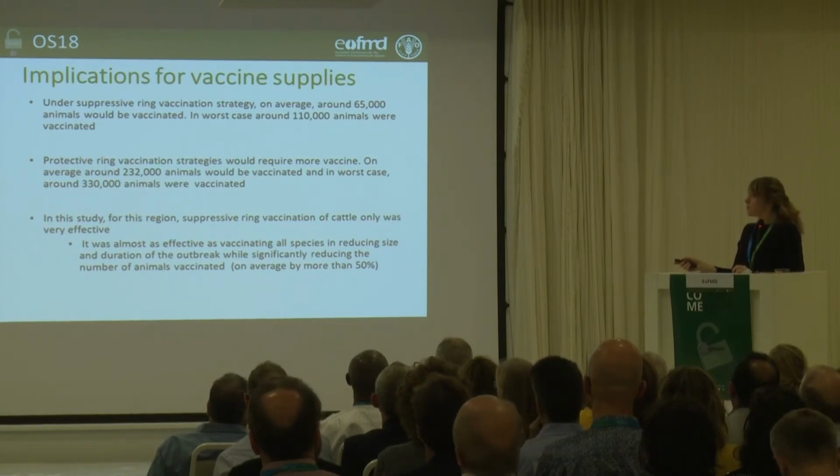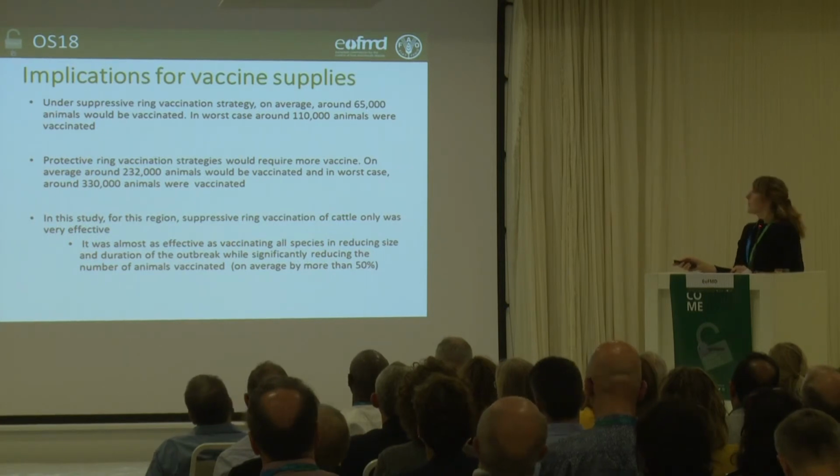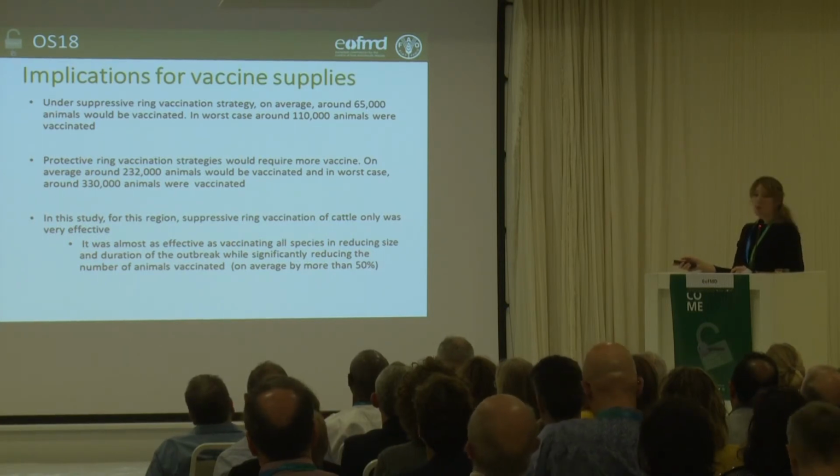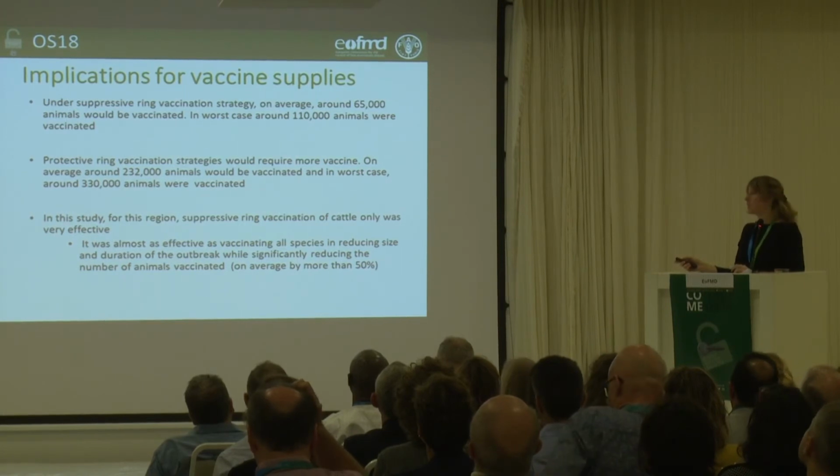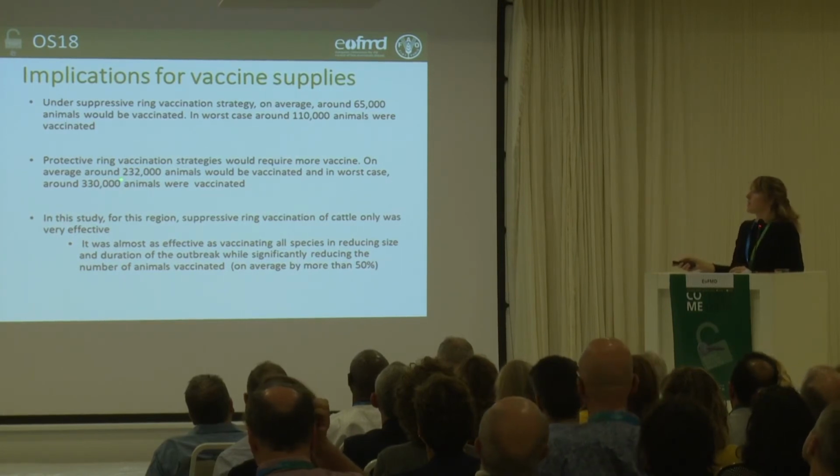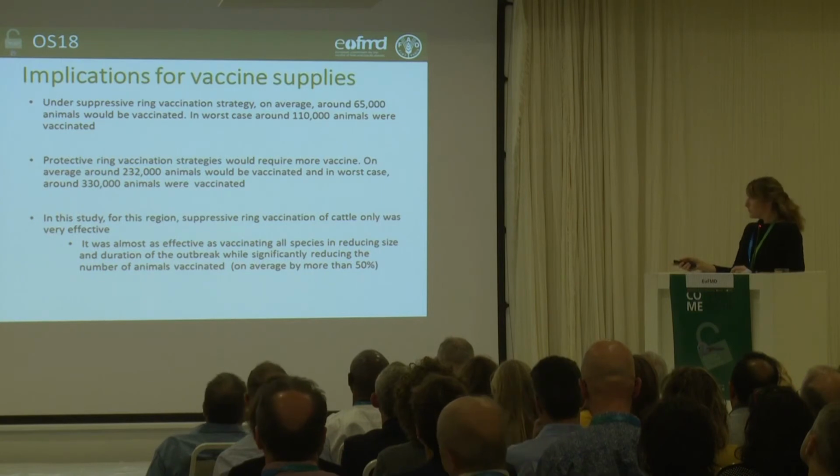Protective ring vaccination strategies would require more vaccine. On average, around 232,000 animals would be vaccinated, and in the worst case, 330,000 animals.